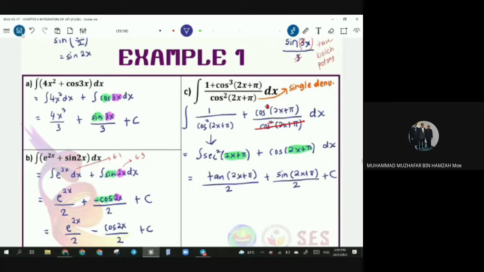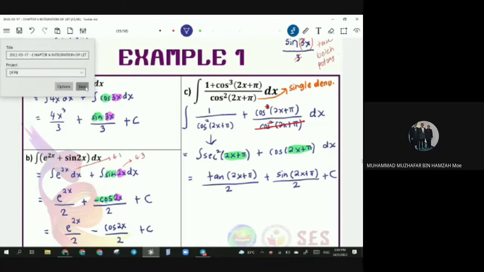Okay, saya hold 1 hingga 2 minit sekiranya korang ada apa-apa soalan nak tanya.